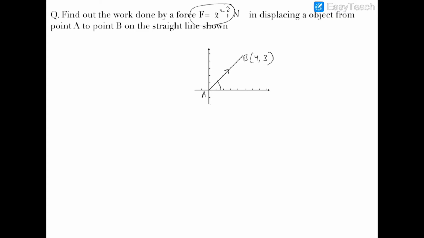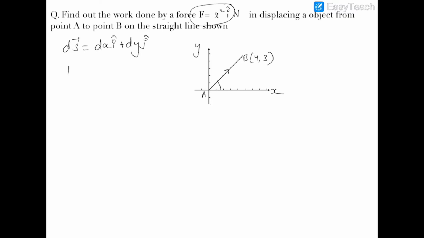So if we are moving in a two-dimensional line, then we can let the displacement be dx i cap plus dy j cap, due to the fact that we are moving in the xy plane, and our displacement is two-dimensional.